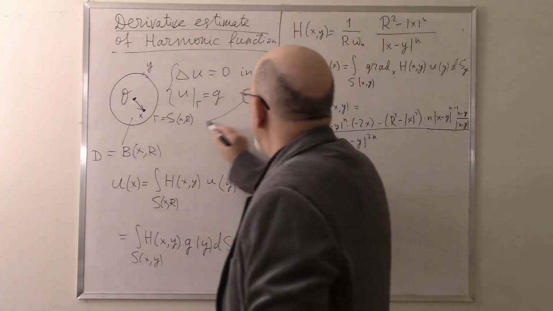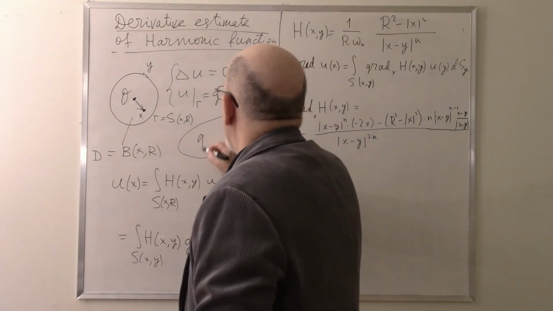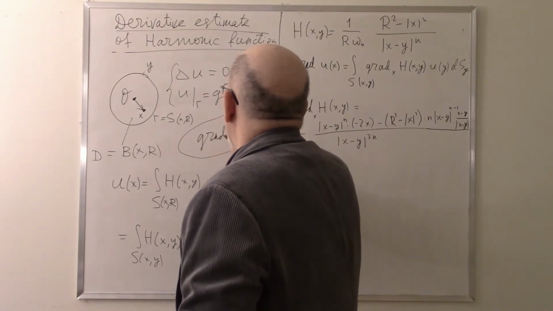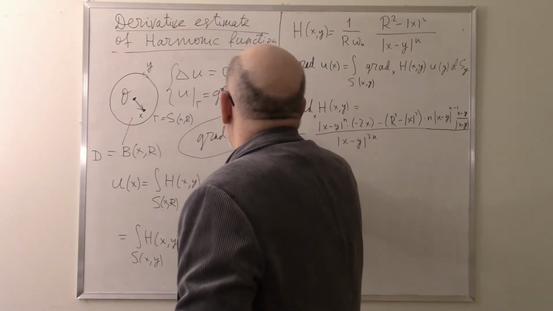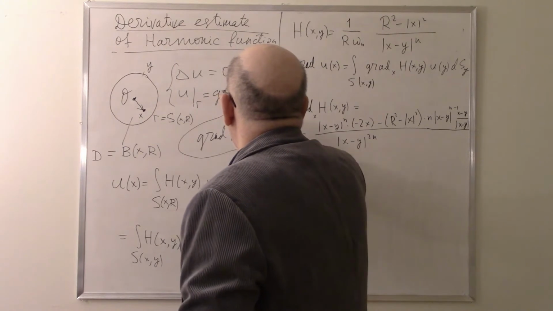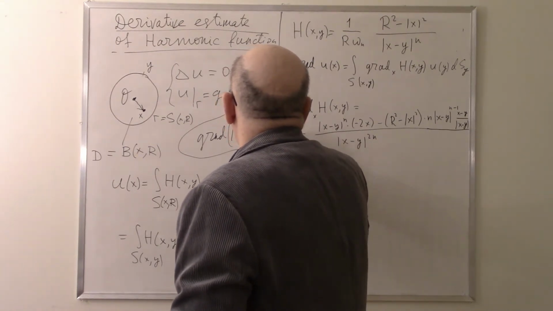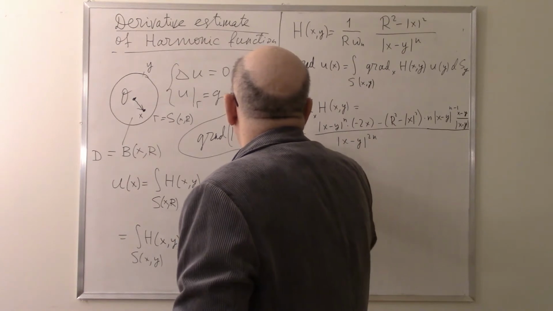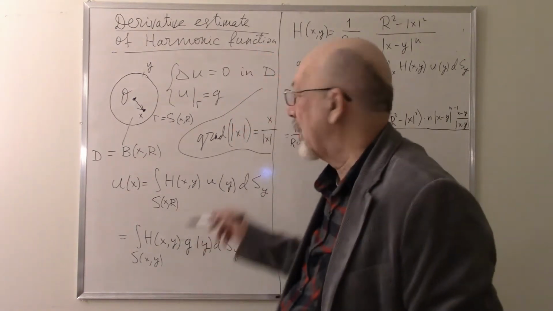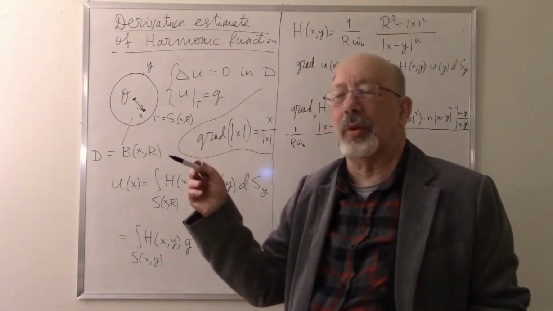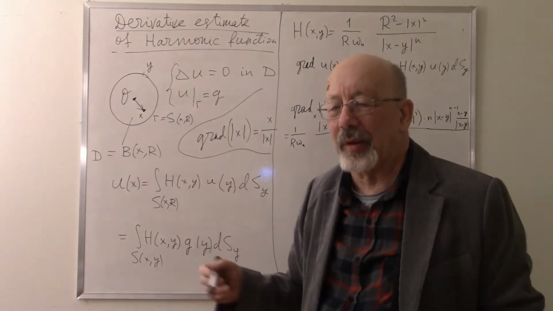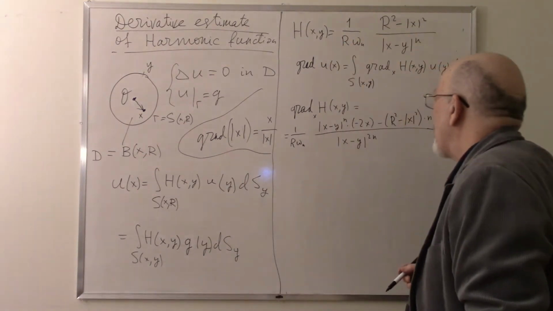Let me write here: the gradient of the function module x, the length of x, equals x divided by module x. You can do it if you write module x as the square root of x1 square plus x2 square and so on. We did it, I think, more than once.